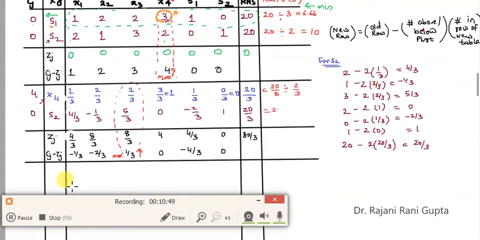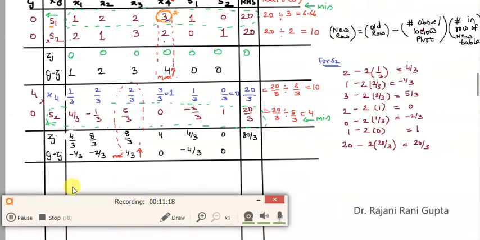Here 20 divided by 3, this whole divided by 5 by 3. When you work on it, here you will get 10 and here 4. So here you select the minimum, which is 4.